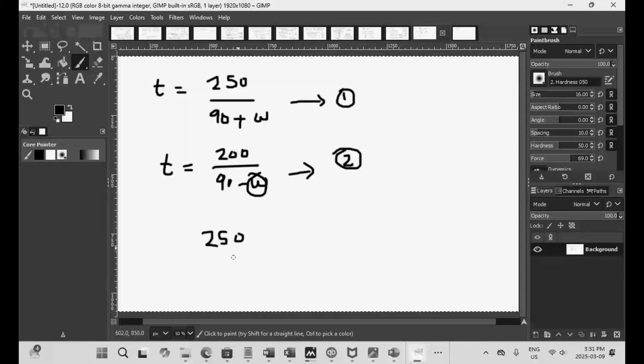So we know that 250 divided by 90 plus W, the first part of the journey, will take the same amount of time as the second part of the journey, 200 divided by 90 minus W. Notice the distance is different for these two journeys, and that's the reason why they take the same amount of time, even though for one you're going with the wind and for the second you're going against the wind.